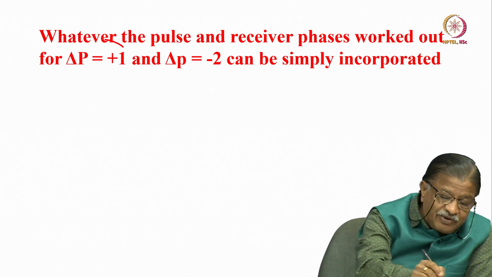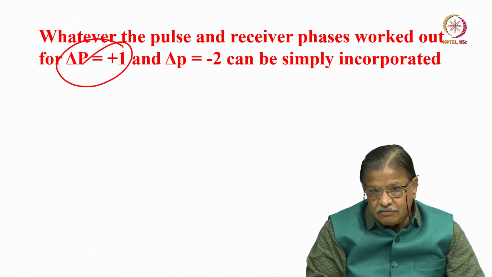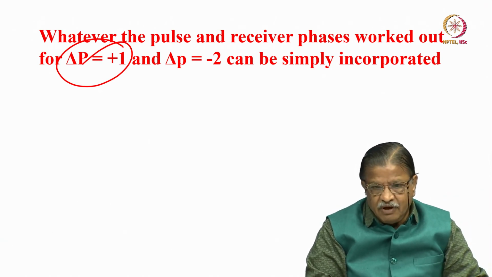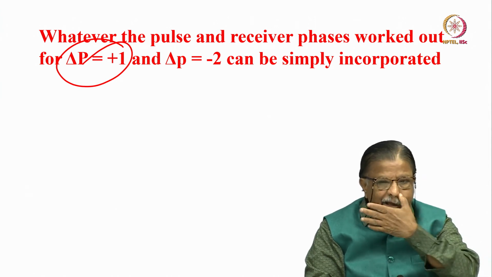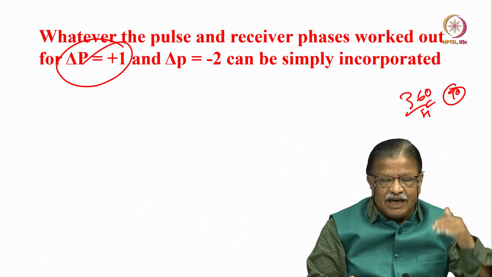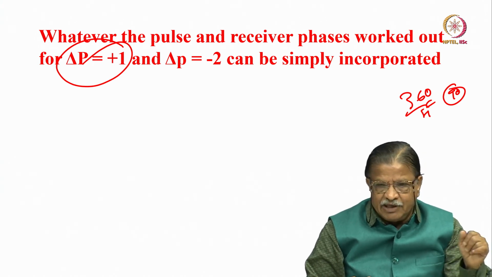Whatever pulse phase we chose for delta p equal to +1, let us say I have chosen n equal to 4. When n is equal to 4, we know that 360 divided by 4, which is a 4 step phase cycle, 90, 180, 270, 360, we can select for delta p equal to +1.